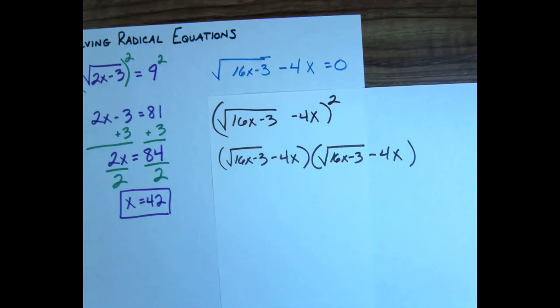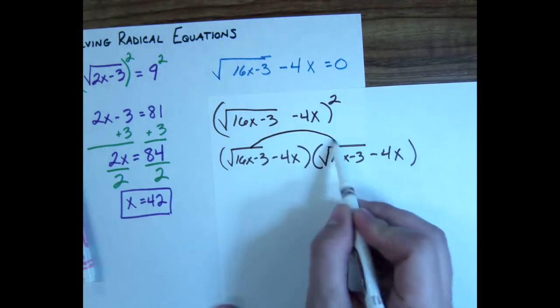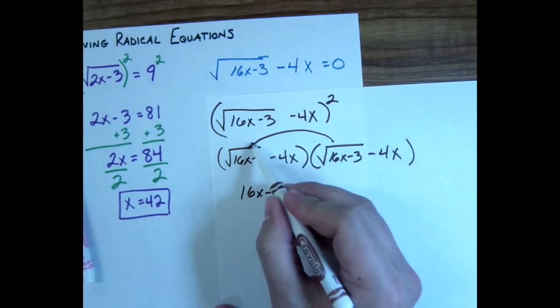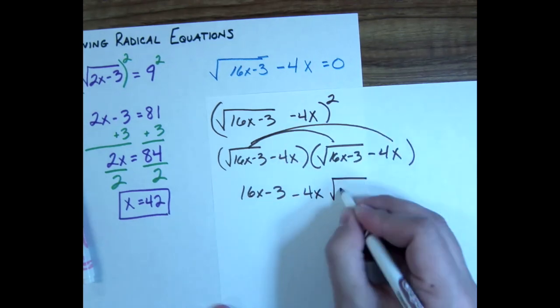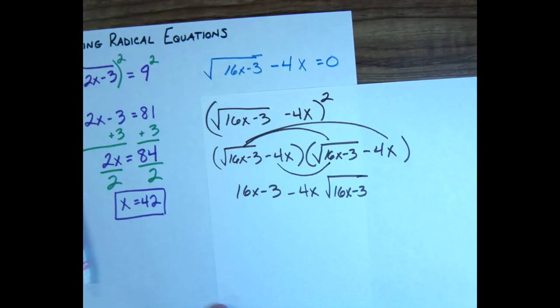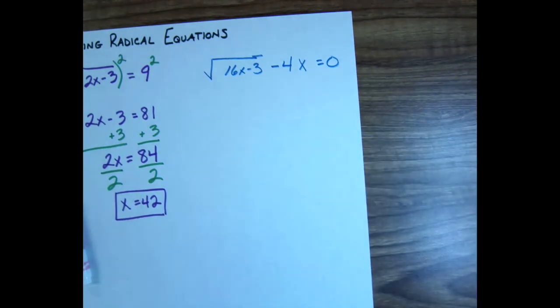It won't even get rid of the radical, because when I distribute, square root of 16x minus 3 times square root of 16x minus 3 is 16x minus 3. But then root 16x minus 3 times 4x is minus 4x square root 16x minus 3. And then I'll get another one when I do this. So not only is it disgusting and I don't wanna, it doesn't even get rid of the radical.